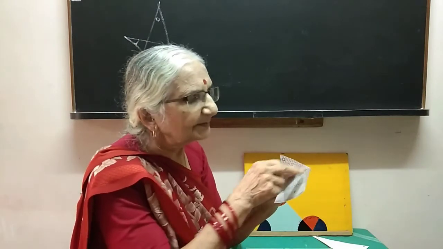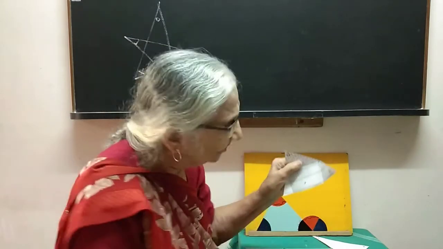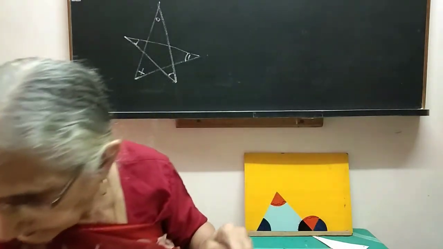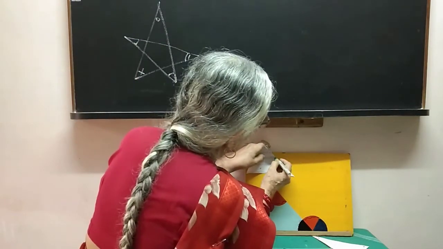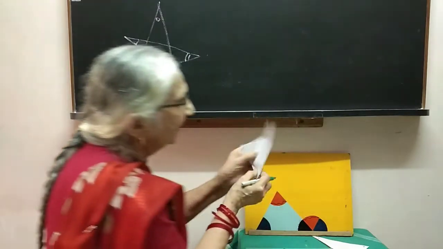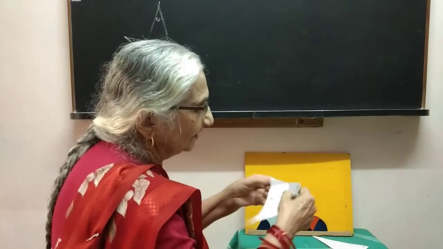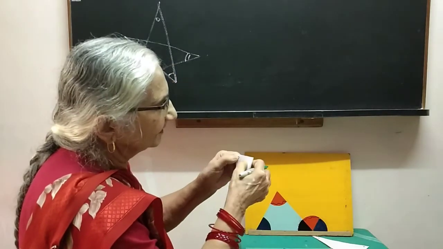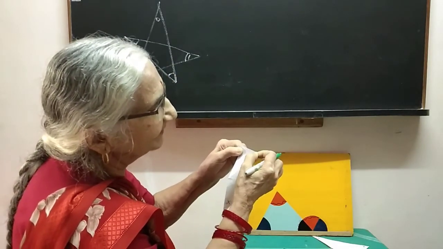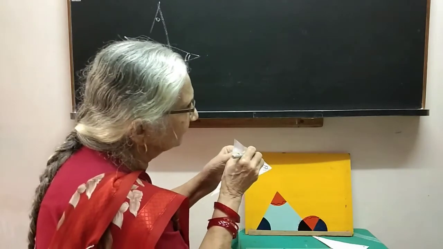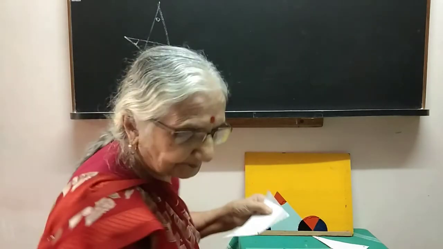Now we may not be able to see the pressed crease properly, so we mark it. And similarly, the other side, vertex on vertex, line on line, and press, and that is the second midpoint.